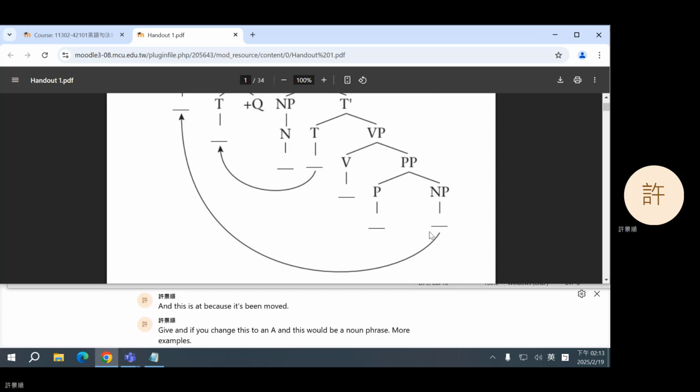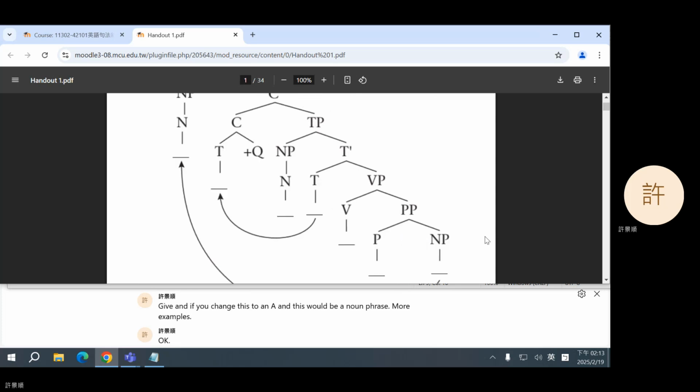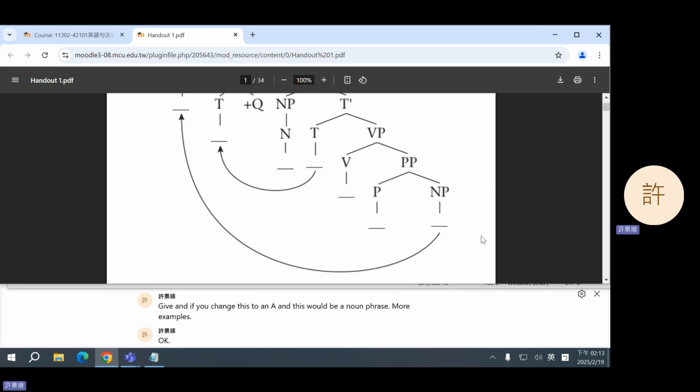Okay? Or if we follow this structure, can I give... well, no, I can't use the word give because give needs an object and this is a preposition, but the idea is the same. Okay, thank you. Other questions?